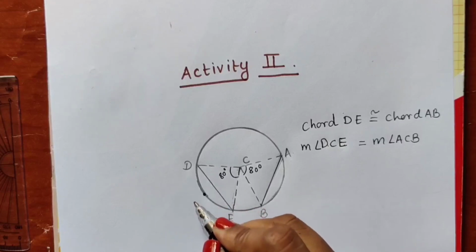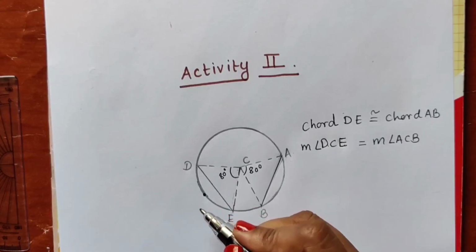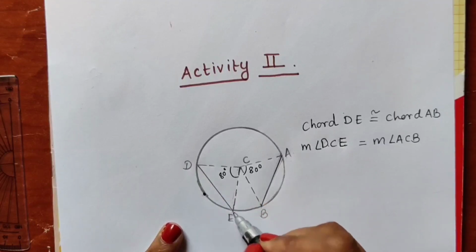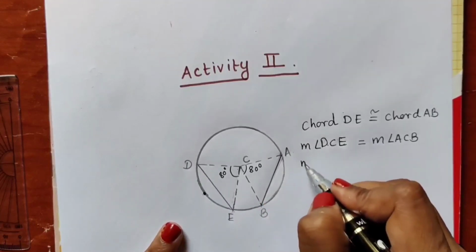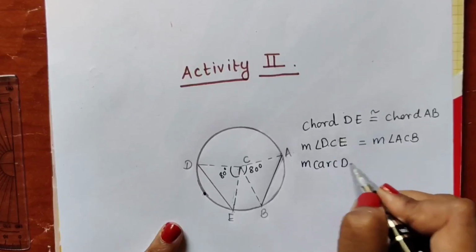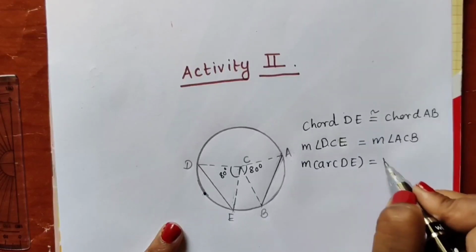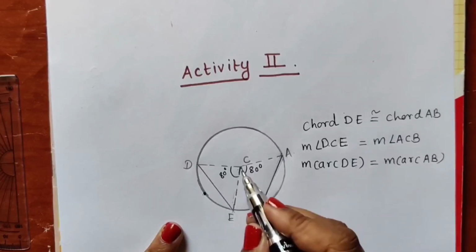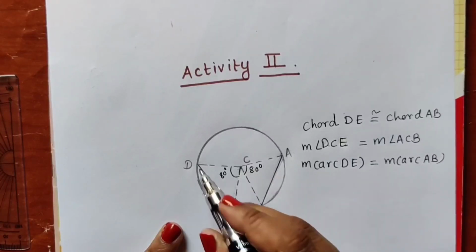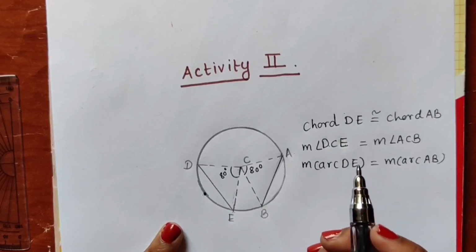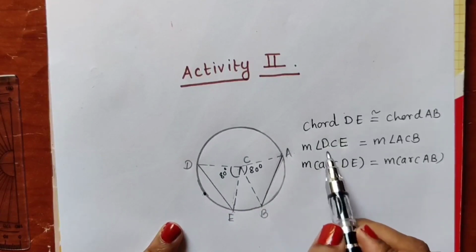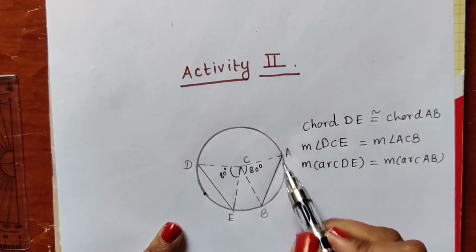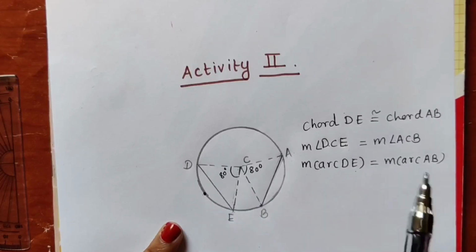So if I write here, major arc DE is equal to major arc AB. We all know the central angle and its corresponding arc are always congruent with each other. So as DCE and ACB are congruent, arc DE and arc AB are also congruent with each other.